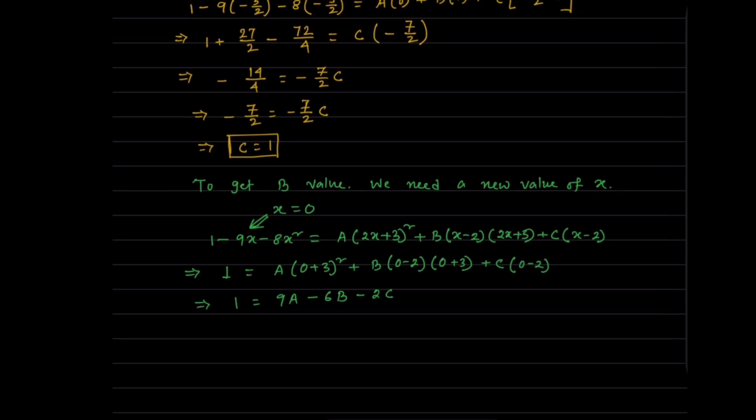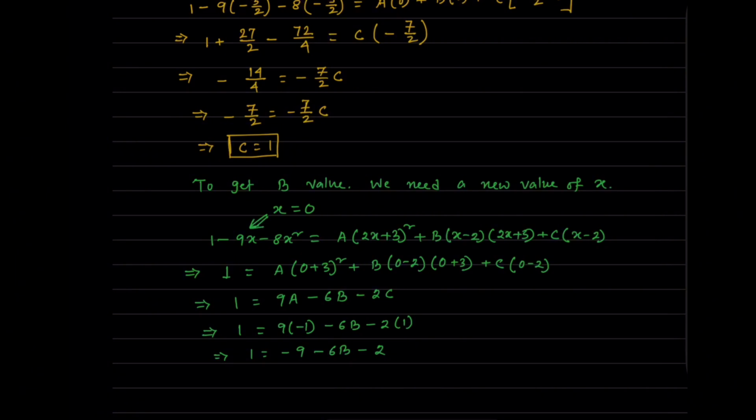So now put your a and c value. If I put the a and c value, 1 equals 9 into minus 1, which is our a value, minus 6b, minus 2 into the c value, which is 1. So here 1 equals minus 9 minus 6b minus 2.